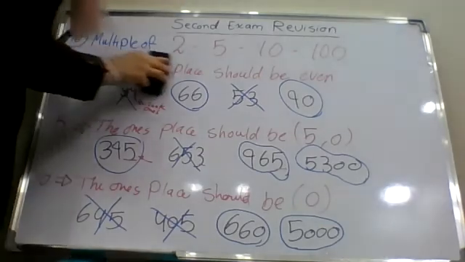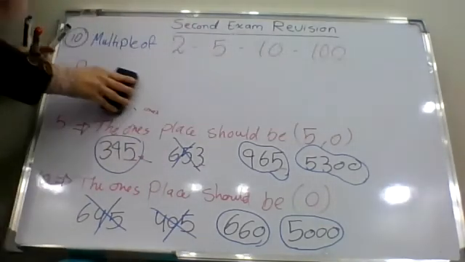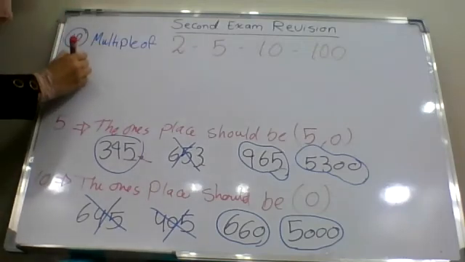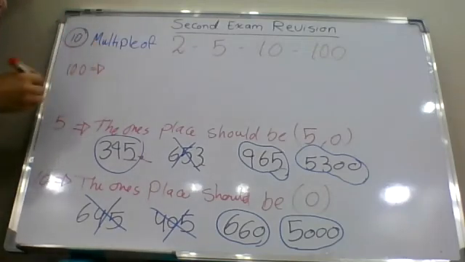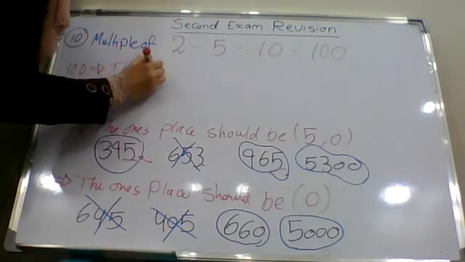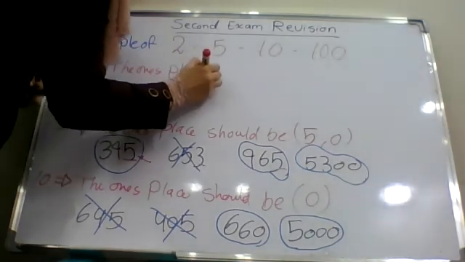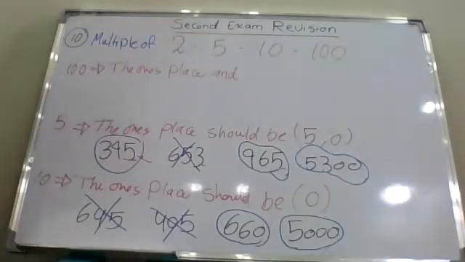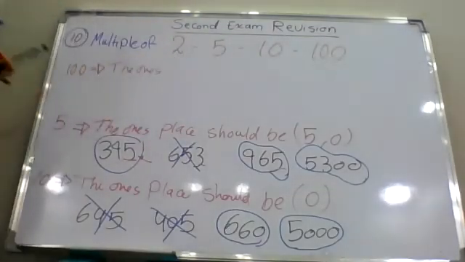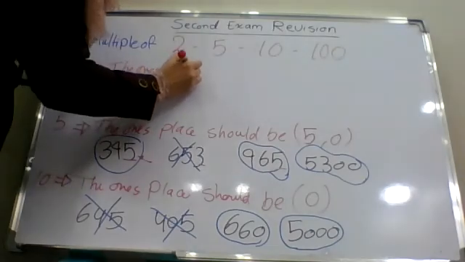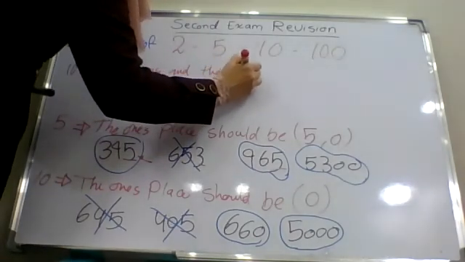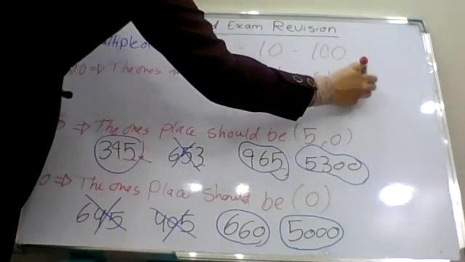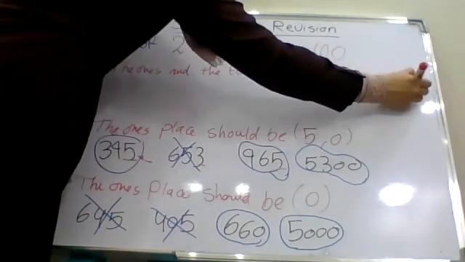Now let's write the last one, which is the multiple of 100. Again, I remind you, the multiple of 100. How can I tell? The ones place and the tens place should be 0.